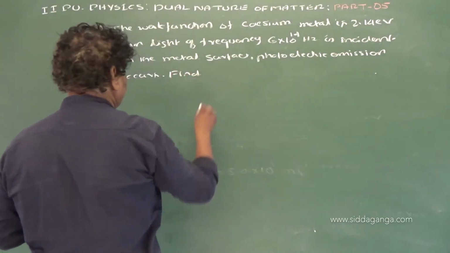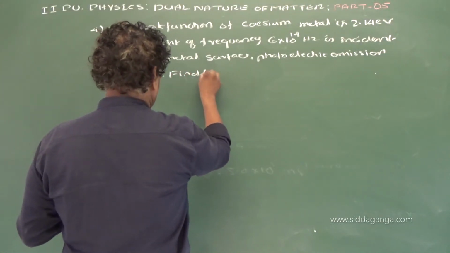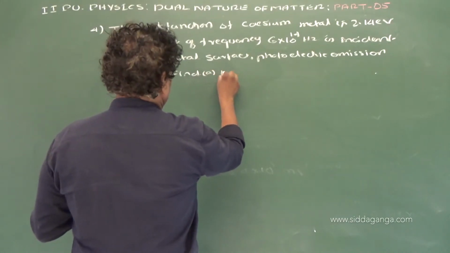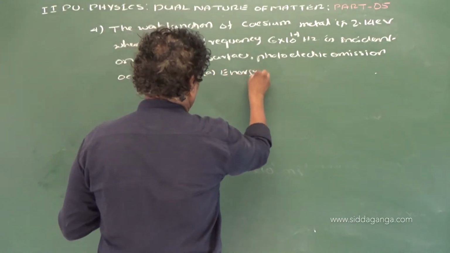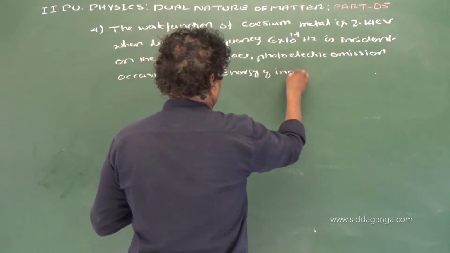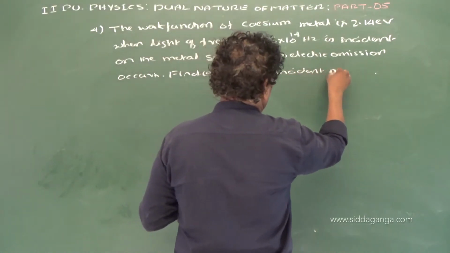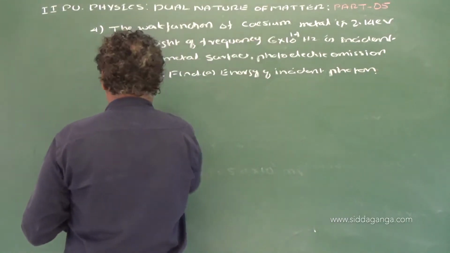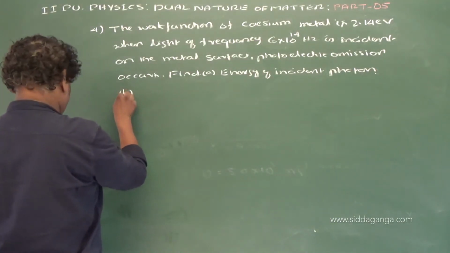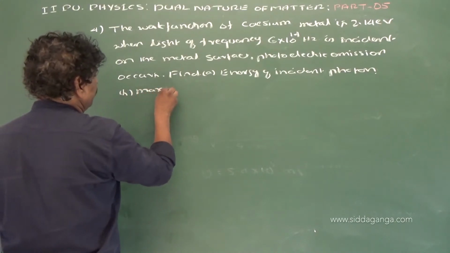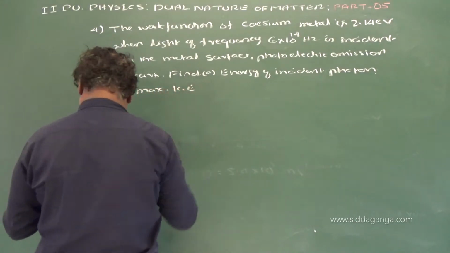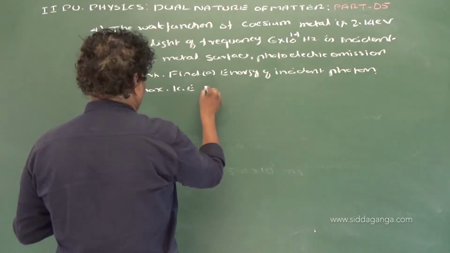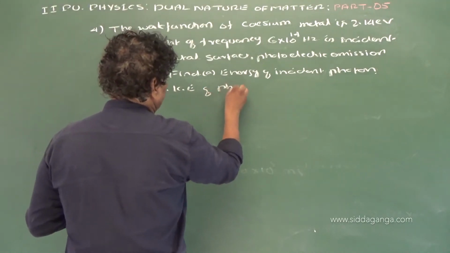Find A, energy of incident photon, and B, maximum kinetic energy of photoelectron.